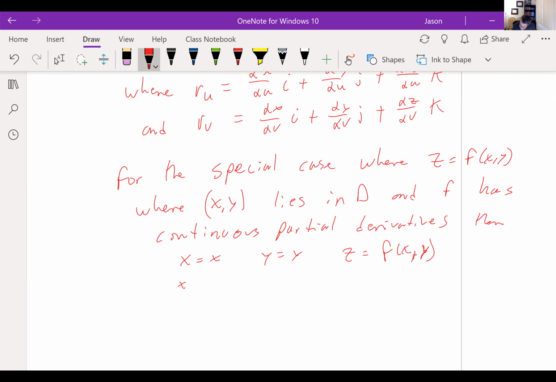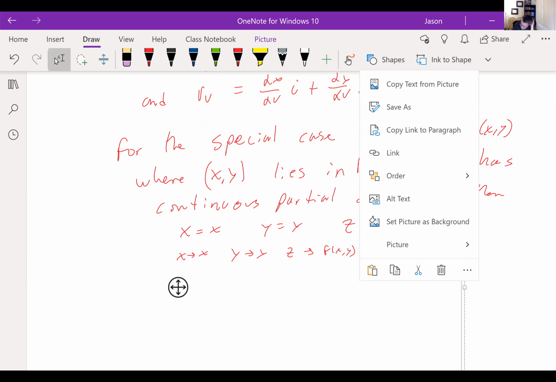So x goes to x, y goes to y, and z goes to something in terms of x's and y's, f of x, y.